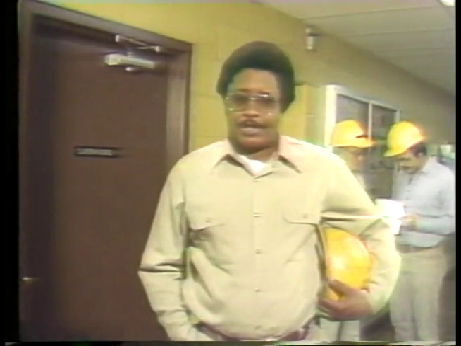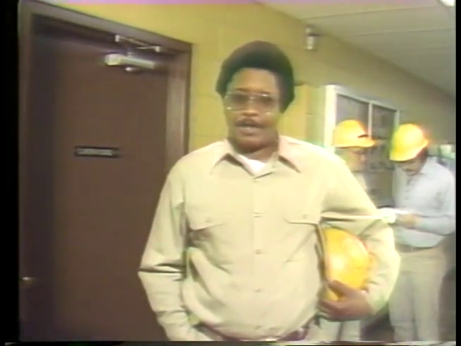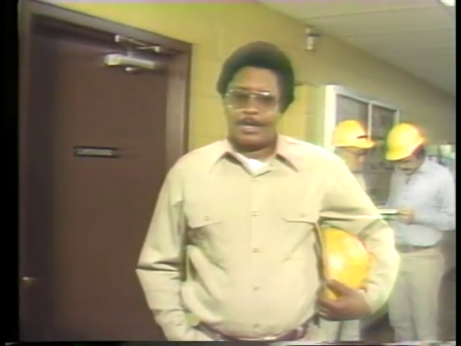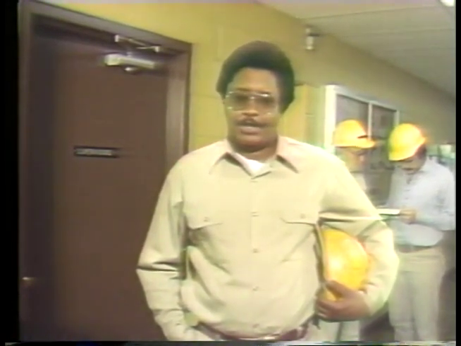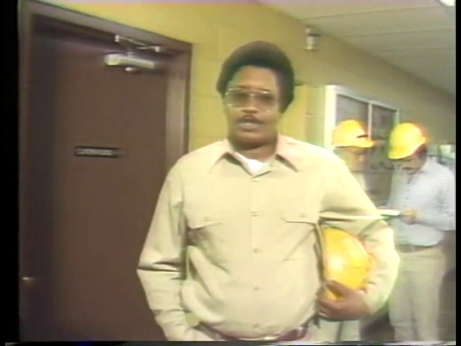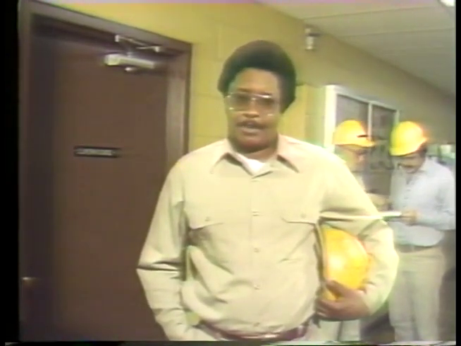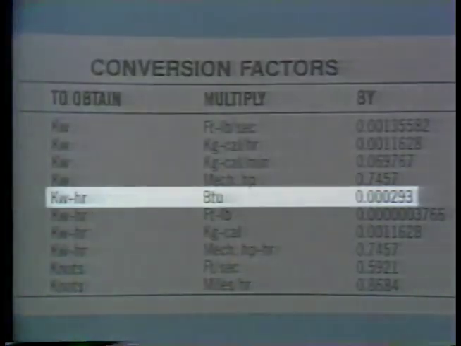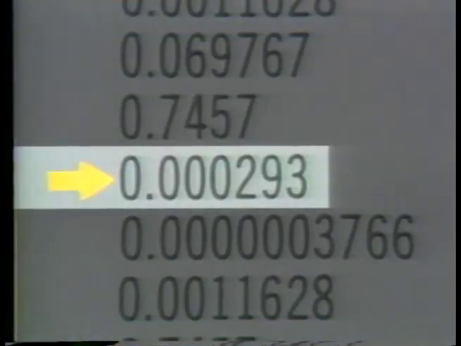All right, we know how many BTUs are lost in 1 hour, but we don't sell electricity by the BTU. We sell it by the kilowatt hour. To find out how many kilowatt hours are in 3,328,000 BTUs, we have to use the conversion factors in our steam tables. Looking through the conversion factors, we find that to obtain kilowatt hours from BTUs, we need to multiply the BTUs by 0.000293.